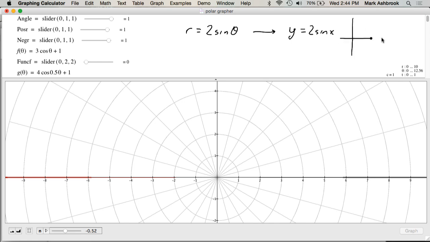So, if x is our angle measure and y is the vertical coordinate, can you sketch y equals 2 sine x? And if not, you're going to have to review. But basically, we can talk about the period, the max, the min, and the midline.